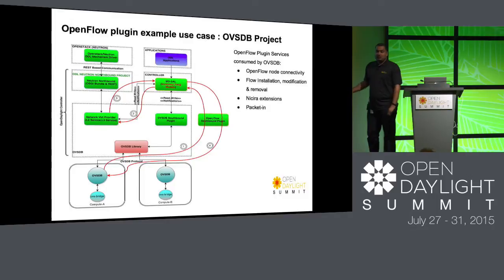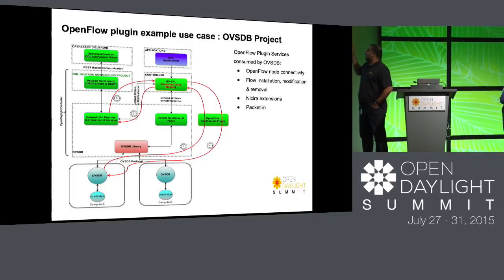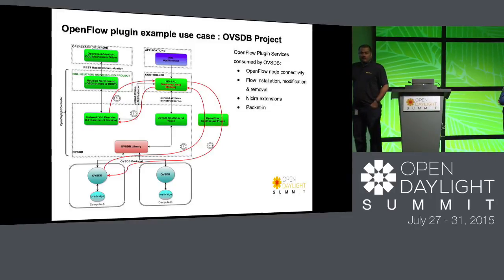Everybody needs to install flows to OpenFlow. I don't want to go into detail, but what OVSDB consumes from the OpenFlow plugin is, first, it checks for node connectivity. OVSDB creates a bridge and connects it to the OpenFlow controller, and when it connects, we want to know whether it got connected or not.